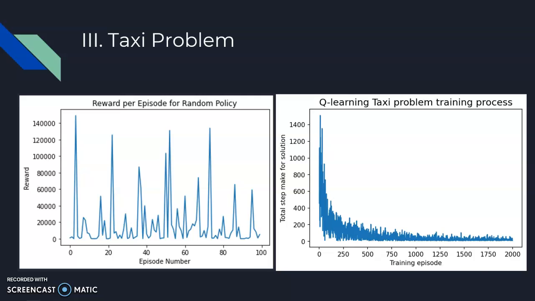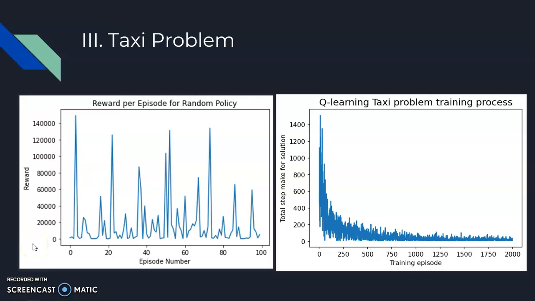So we can see the number of steps to solve each time in the random graph is high, and with Q-learning it is reduced over time.